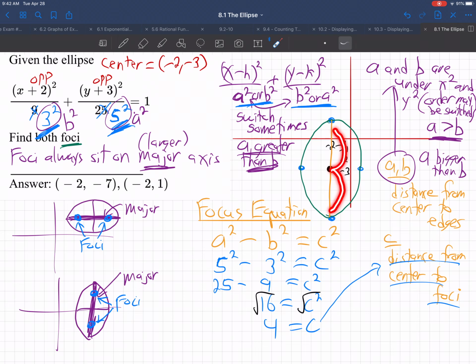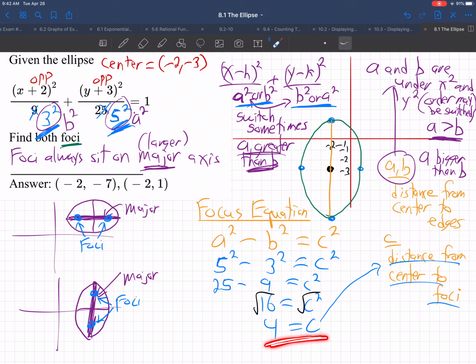How do I know it's up and down? Remember, the major axis is up and down. The focus points always sit on the major axis. If you have one that's taller than it is wide, the major axis is up and down, and the focus points always sit on that major axis. So they've got to be up and down.